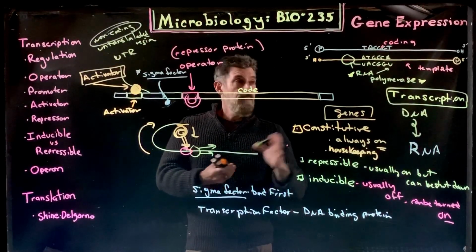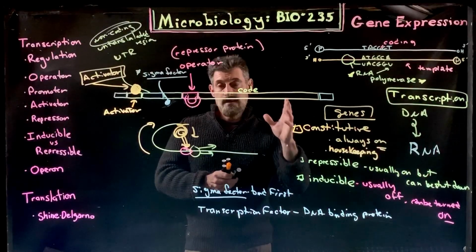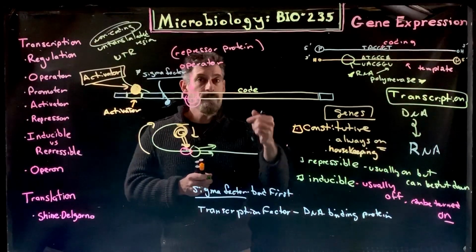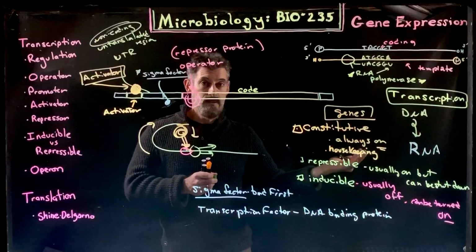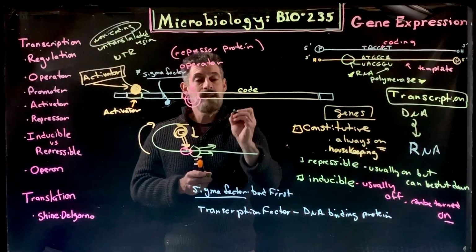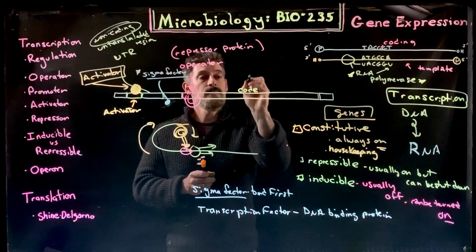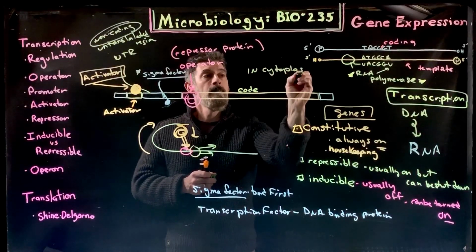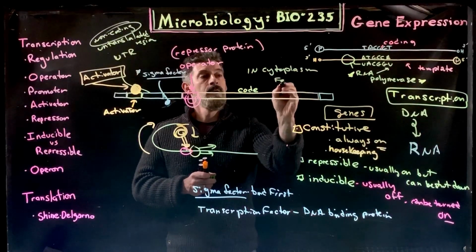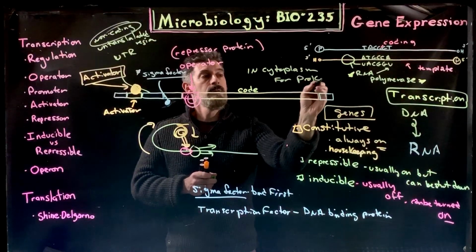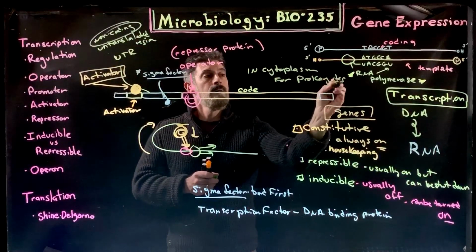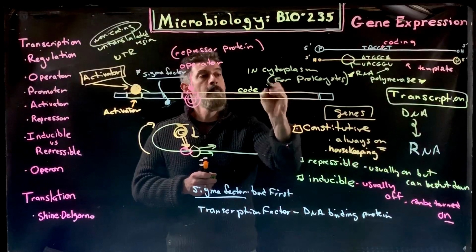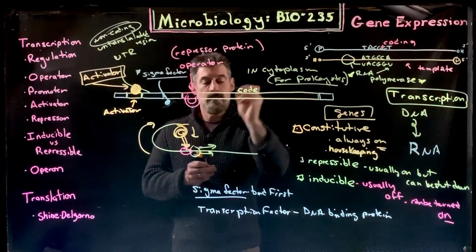Now, the other thing I want to mention is that this process in eukaryotes happens inside the nucleus. But this is going on in the cytoplasm in prokaryotes. So this is all in the cytoplasm for prokaryotes. So for both bacteria and archaea, this is all happening in the cytoplasm.